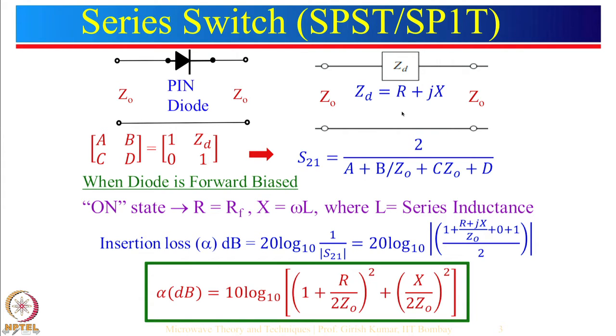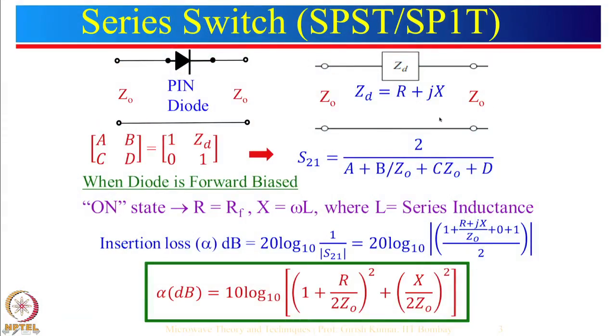So the values of R and X may change depending upon the biasing of the PIN diode. Please remember that we have to completely forward bias or completely reverse bias. And complete reverse bias is very simple. You can just apply 0 volt, or sometimes people do apply negative voltage also. So the analysis of this is relatively simple.